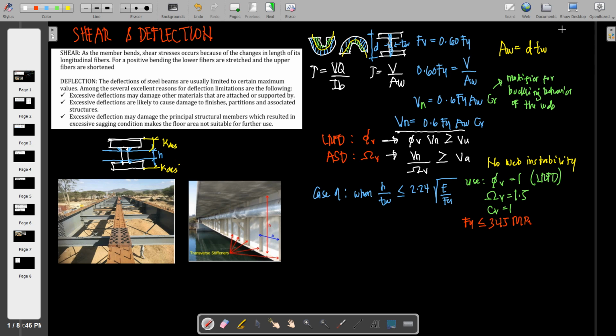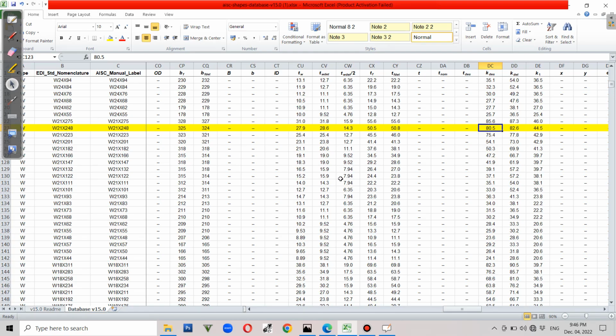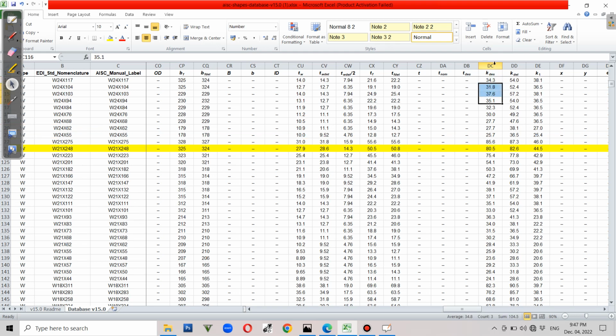So if we look into a table, this is actually the spreadsheet on a database. We look into this KDES here under this column.